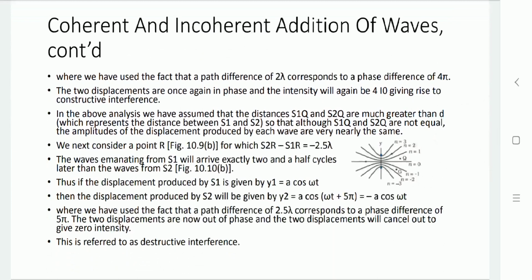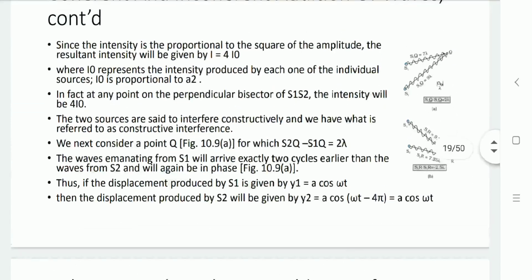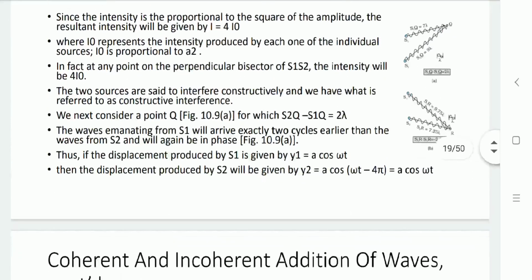And if we assume another point R at a different distance, then the path difference is, for example, S2R minus S1R equal to minus 2.5 lambda, as you can observe from the bottom diagram B. So there is a phase difference of 5 pi.